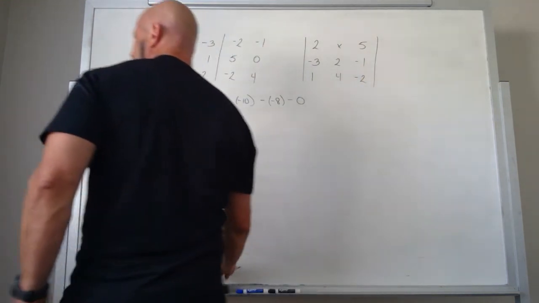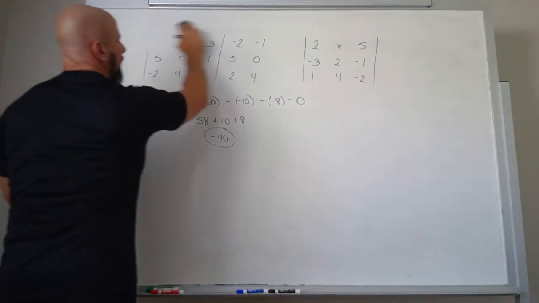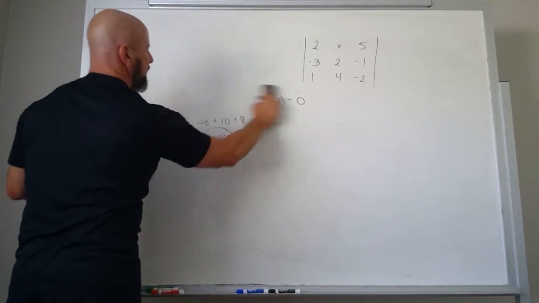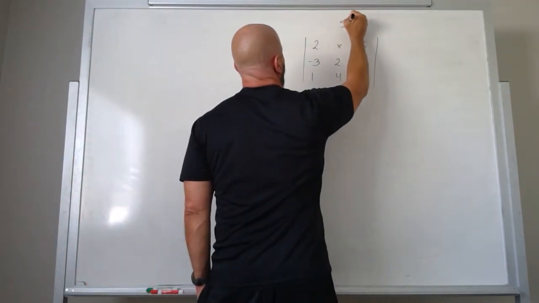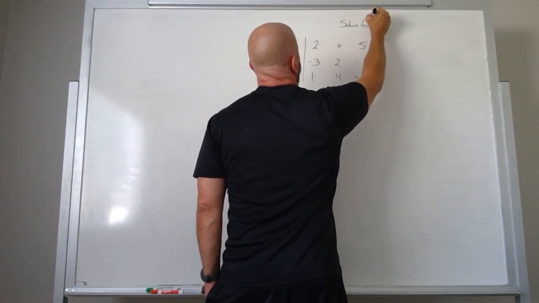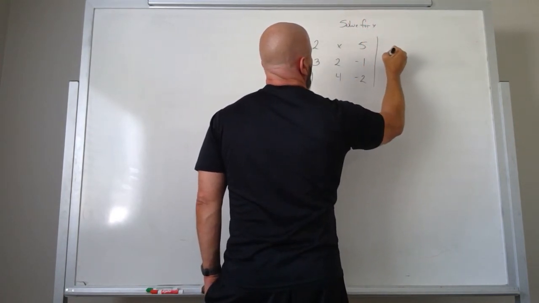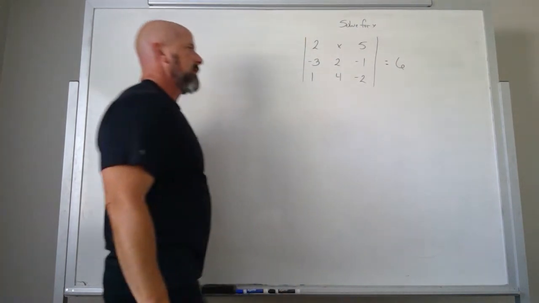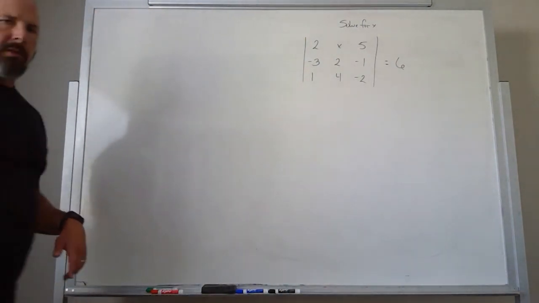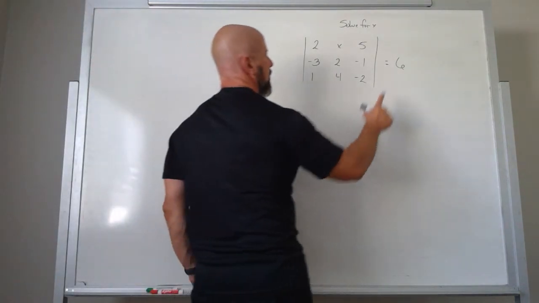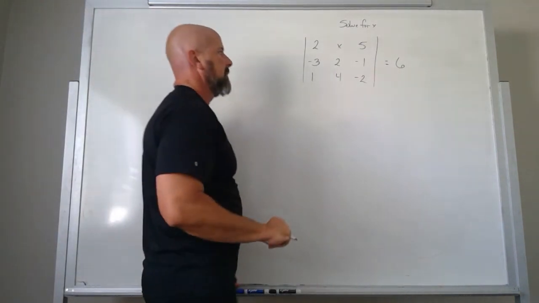There's my 3 by 3, X in that top middle. Doesn't matter to me where it is. So what we're going to say again is solve for X, like we saw on the 2 by 2. And I'm going to say the determinant equals 6. So we're trying to figure out what X value is going to make this determinant value a 6.